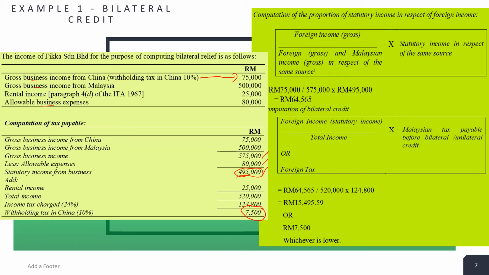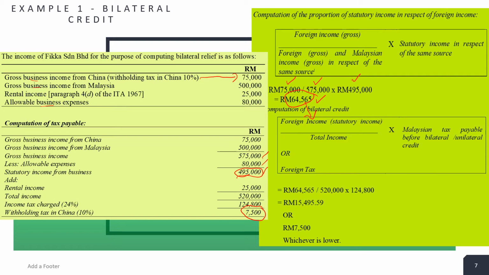How much is the China? That is why we take the China gross, divide by total gross, and times total SI. So we will get the China SI only.